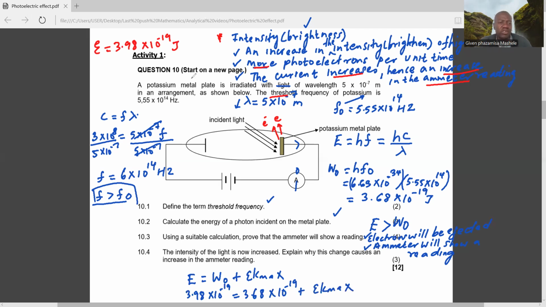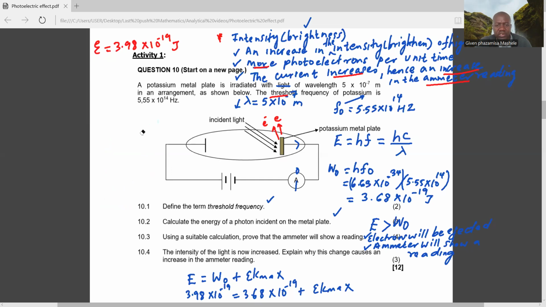I'm just adding this question, guys. Remember, I'm not just teaching you to answer this question, but to know what we're actually doing. So we can make EK max the subject of the formula.